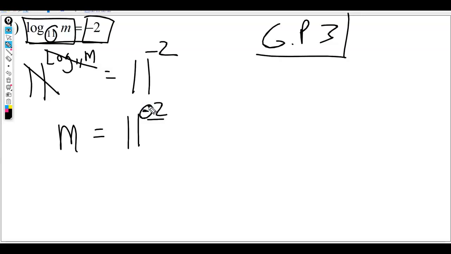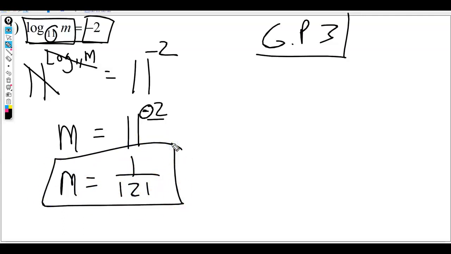So yes, 11 to the second power is 121, but since it's negative, it's going to be 1 over 121. So if it's small numbers, which believe it or not, hundreds are kind of small when you're talking about exponential numbers, they're just going to ask you to do it probably all the way. But if you get something weird like m equals 12 to the 9th power, they're not going to ask you to work that out. The number's huge, so you're just going to leave it like that.